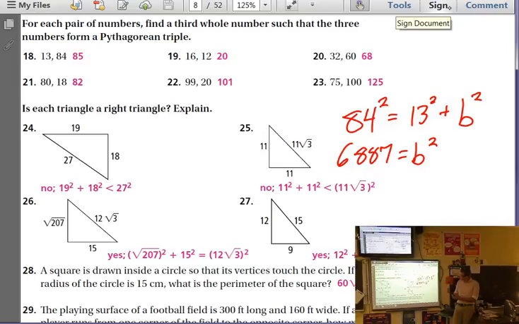You had 22. 22 is special. Not 100% certain exactly what they were going for, but really all we were doing here is solving for the hypotenuse.